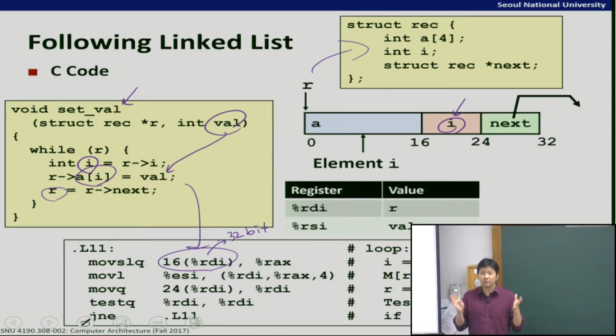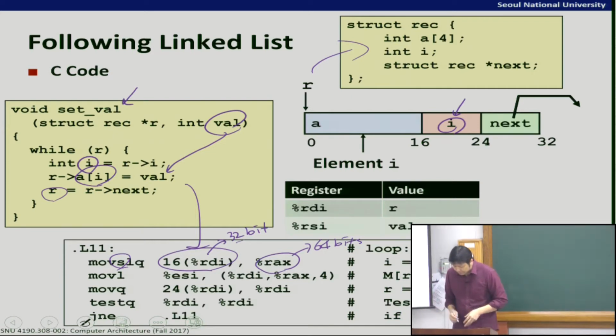But we eventually store the value into a 64-bit register, so we have to set the 32 MSBs, the upper 32 bits. In this case, we do a sign extension: we read 4 bytes from memory, do the sign extension to make it 64 bits, and store the result into the RAX register.